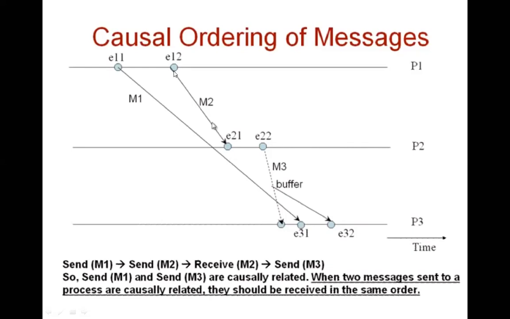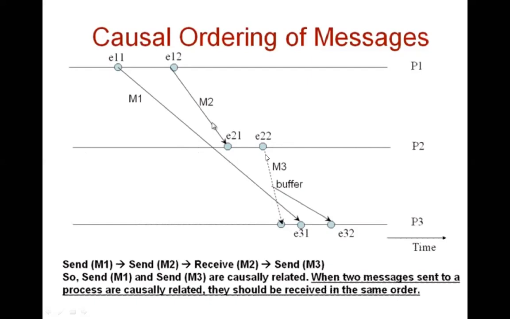Now, the second event occurs when process P1 is sending message M2 to the process P2. Since there is no message which is sent to P2 before this M2, P2 is going to receive this message M2. And after that, E22, the second event of the process P2, has created another message which is M3.